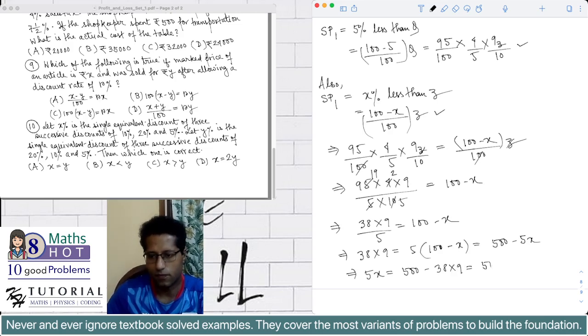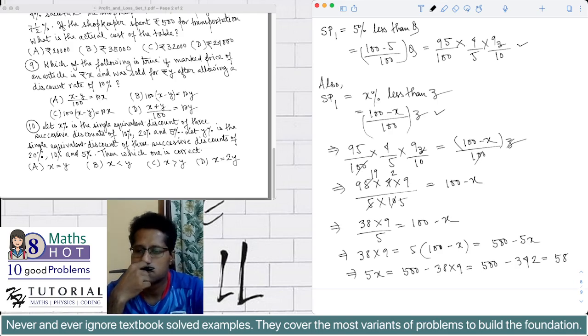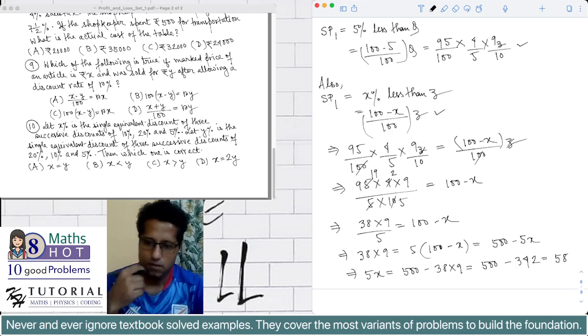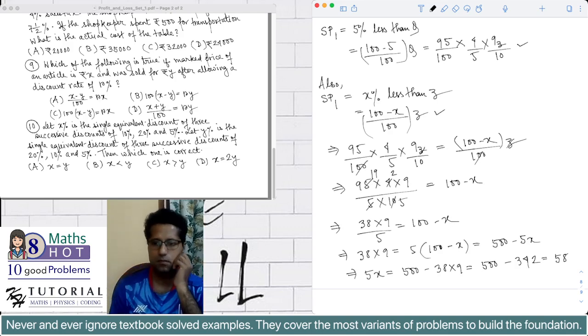How much is 38 multiplied by 9? 72, 27, 34, which is equal to 342. So 5x is equal to 500 minus 342, which is 158.